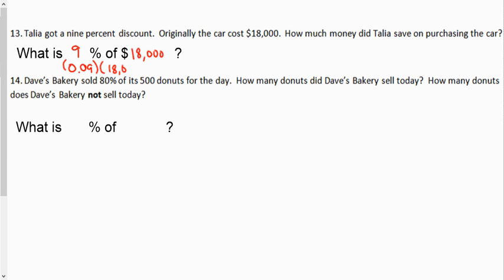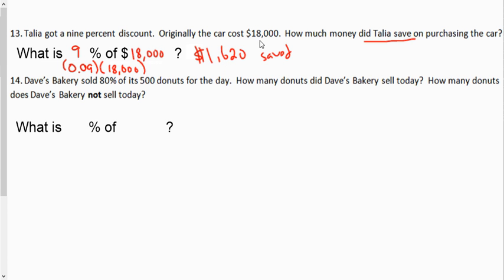Very, very easy, especially if you're allowed to have a calculator. $1,620 saved. Because again, I wanted to know how much did she save. So she saved 9%. And what is 9% of 18 grand? 1,620. If it wanted to know how much she paid, we would subtract this from 18,000, and that would be the amount she paid.